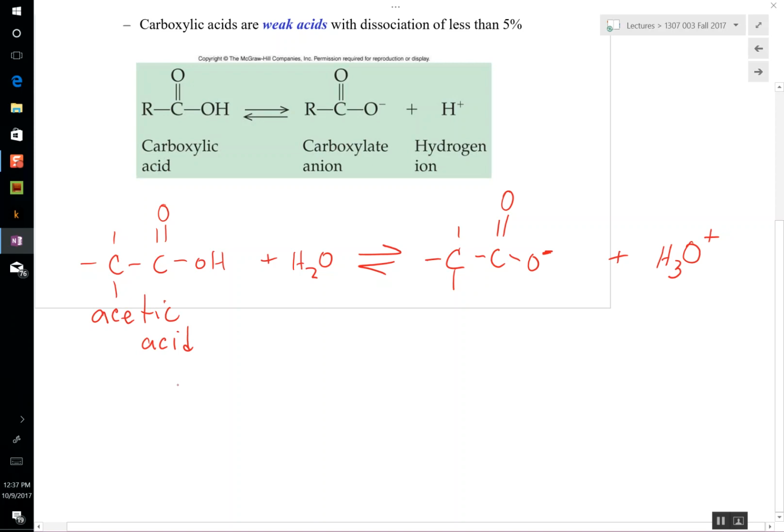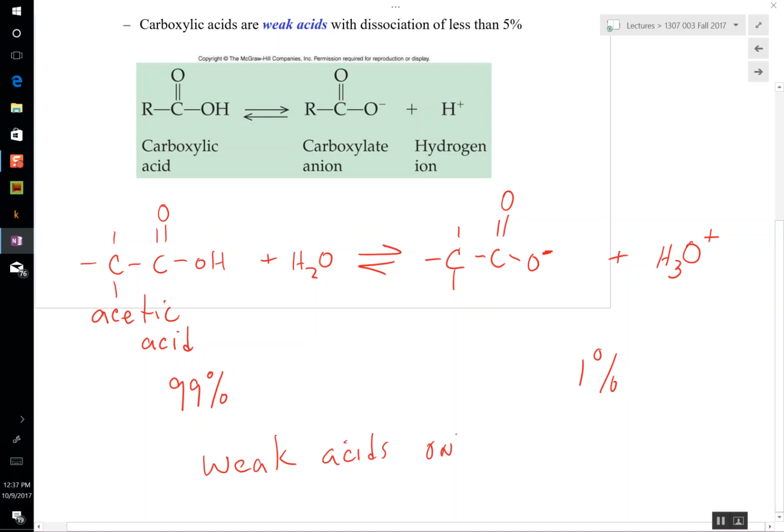At equilibrium, about 99% of the acetic acid is in the molecular form, and only 1% of it has actually dissociated. This is why we're calling these weak acids.